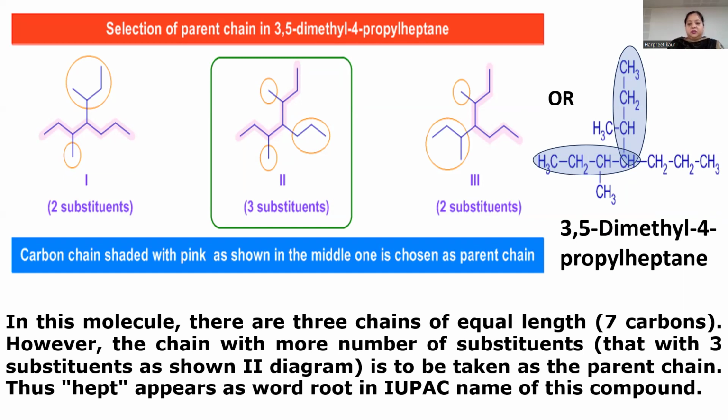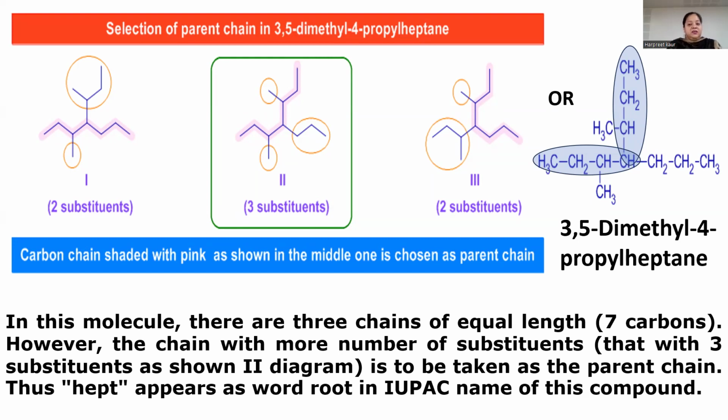Then in the third case, the same structure, again the parent chain selection is different and it is showing 2 substituents. If the parent chain length is the same in the different possibilities, then the chain with the maximum number of substituents, that is the second in this case, is to be the preferred chain.